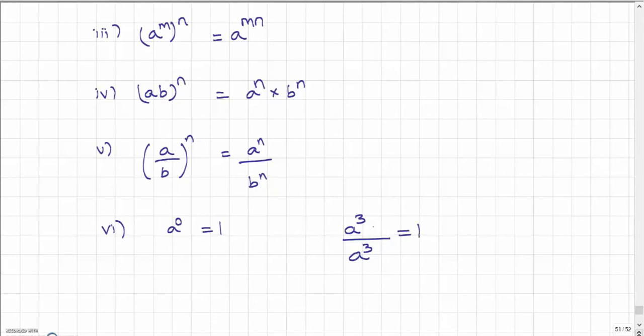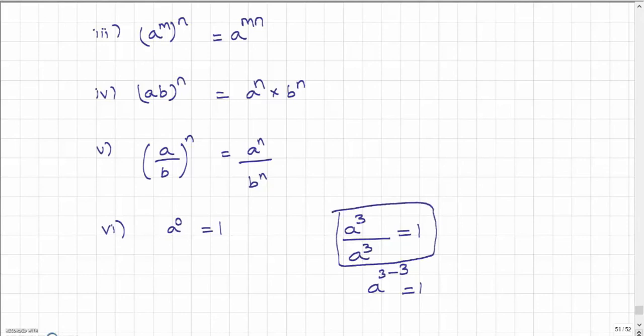And this a cube divided by a cube can also be written as a cube minus 3. That is, a power m by a power n should be written as a power m minus n, right? So 3 minus 3, that should give the value as 1, because that's what we derived here, right?